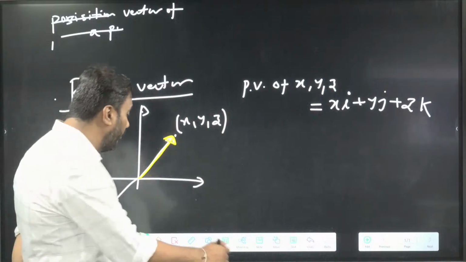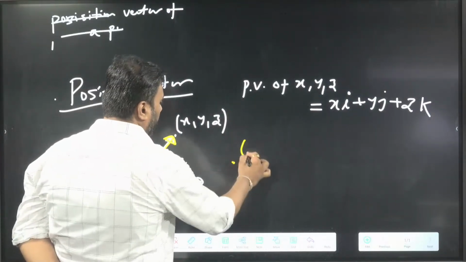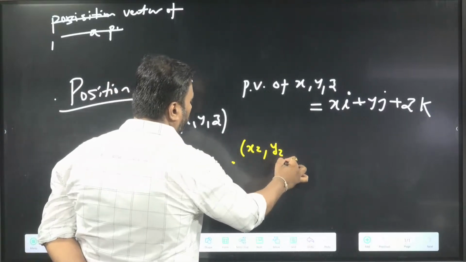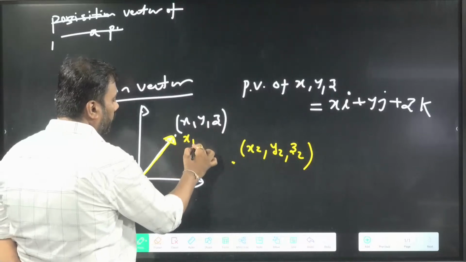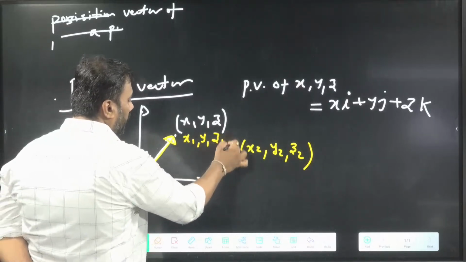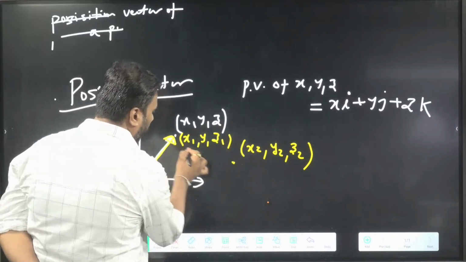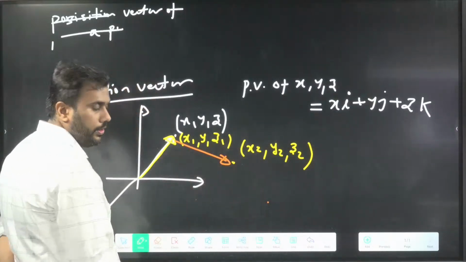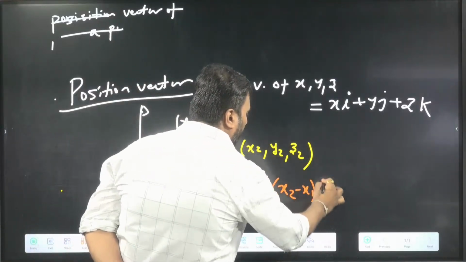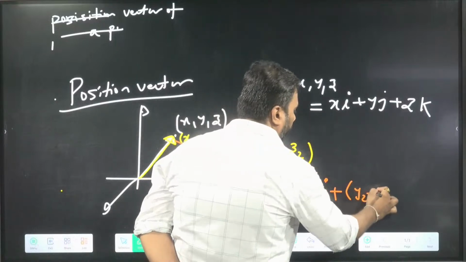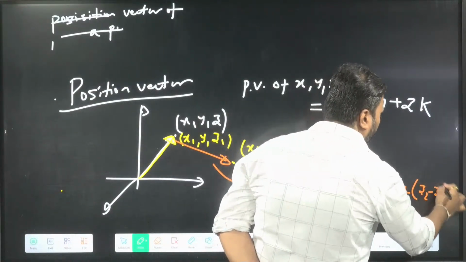But if you want to find the vector connecting two points, say the first point is x1, y1, z1 and another point is x2, y2, z2, then we can write this vector as (x2 minus x1) i cap, (y2 minus y1) j cap, (z2 minus z1) k cap.